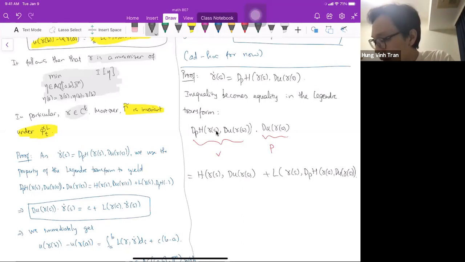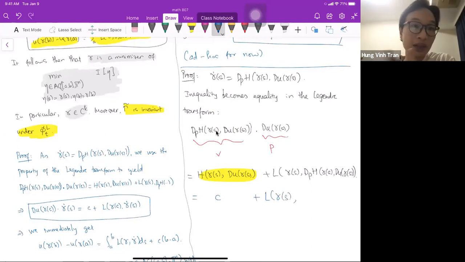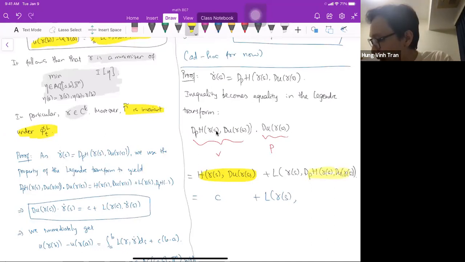Okay, so you use that, and then you notice that the H, the Hamiltonian evaluated here, is exactly at the c energy level. So this is c, plus L of gamma s, gamma dot s. And we chose, again, in an ad hoc manner, that D_pH of gamma, Du of gamma s is nothing but gamma dot of s.